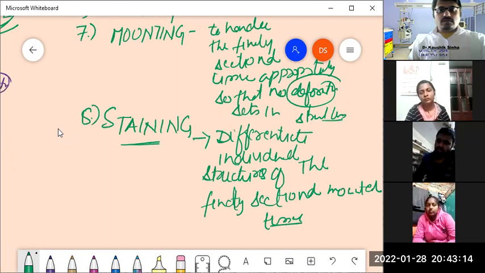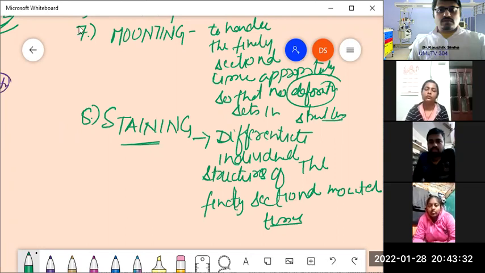So how much stain would react to the biological molecules? Only that much stain will be picked up by the molecules present in the given tissue mass. The excess of the stain now will be very easily cleared.